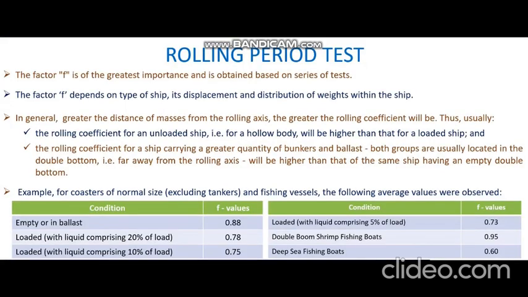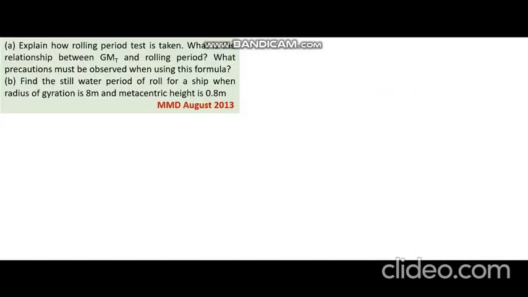Now, based on this, I'll take you through the rolling period test later, but let's take some numericals. Explain how the rolling period test is taken. What is the relationship between GMT and rolling period? What precautions must be observed when using this formula? August 2013 theory.